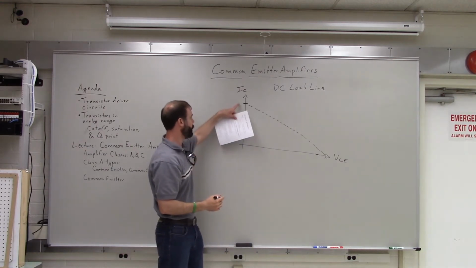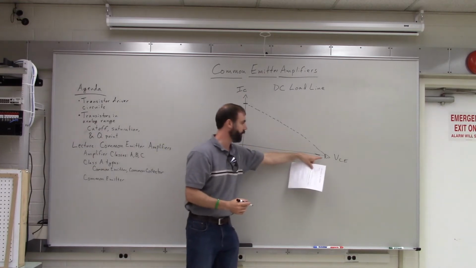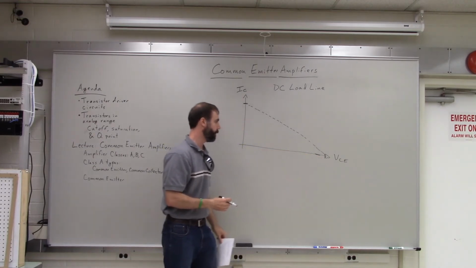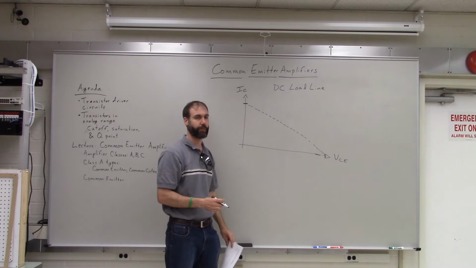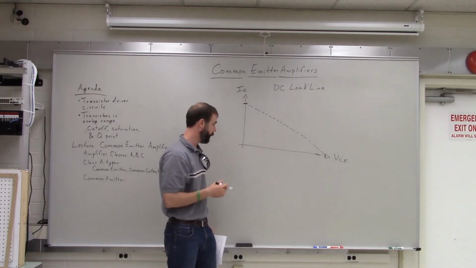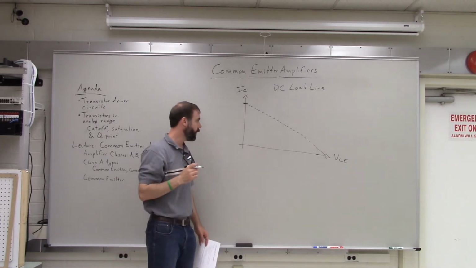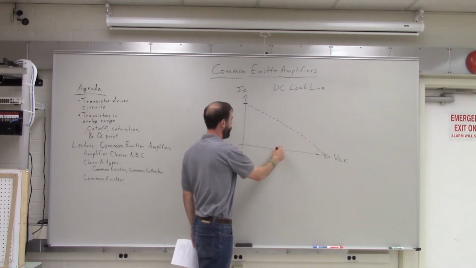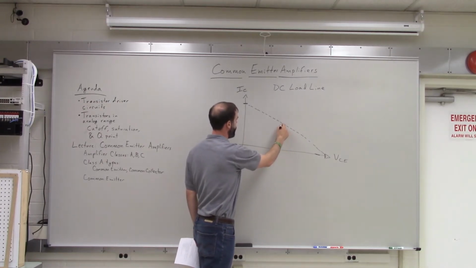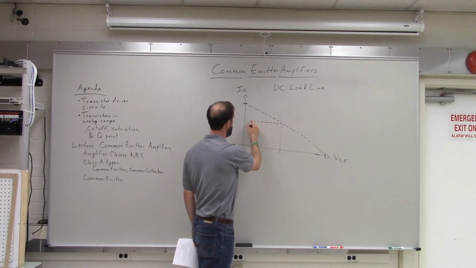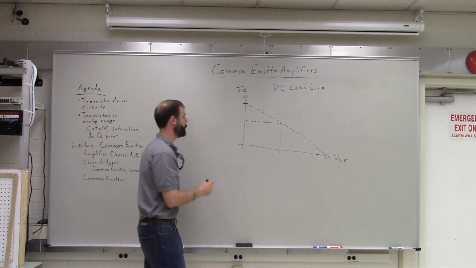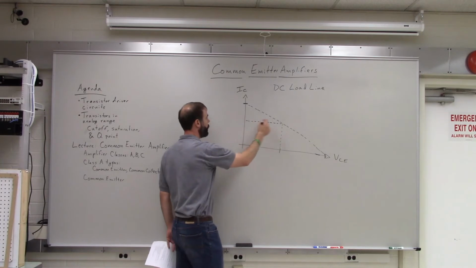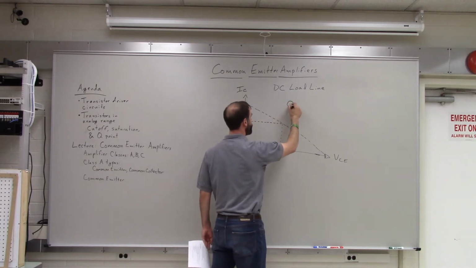So it goes from the maximum current and it makes a straight line down to the point where you have maximum voltage. And if you look at the spot right in the middle of all this, this is called the Q point.